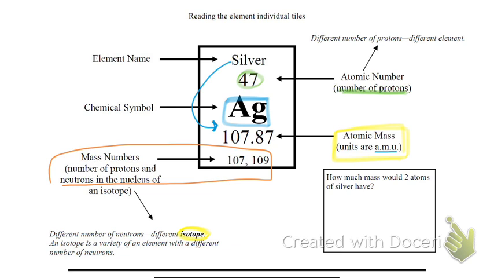Okay, this little box here does ask a question. How much mass would 2 atoms of silver have? So what number is the atomic mass of silver? 107.87. But if there's 2 of them, what would you do? Okay, 2 of those numbers.